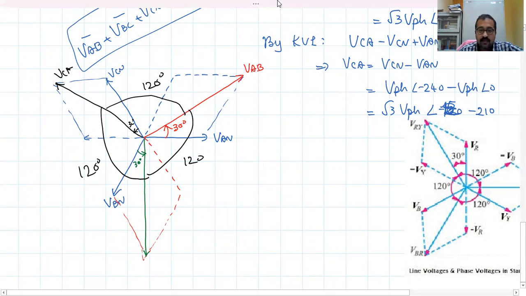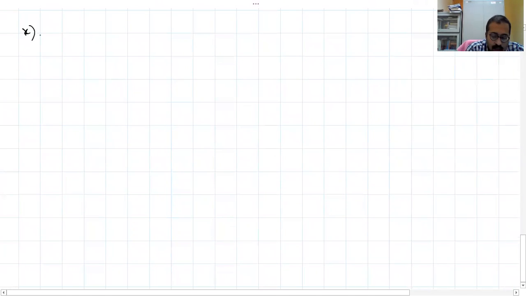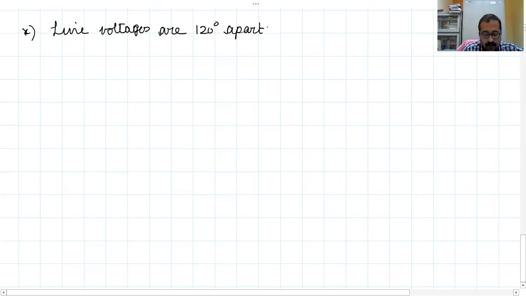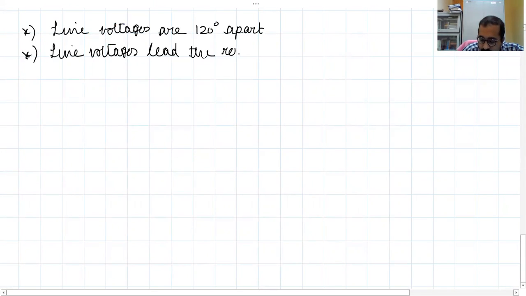So let us write some points here. Point 1: line voltages are 120 degrees apart. Then line voltages lead the respective phase voltages by 30 degrees.